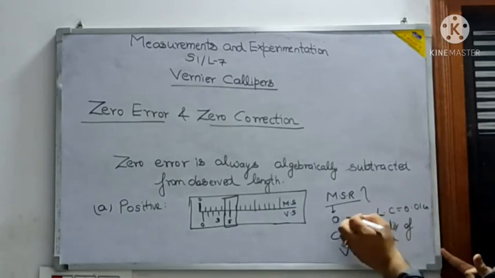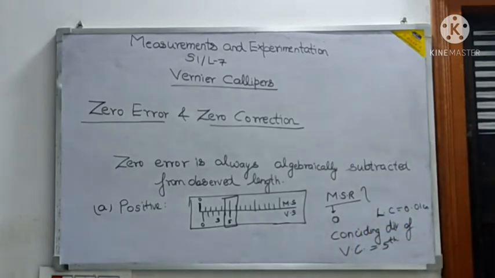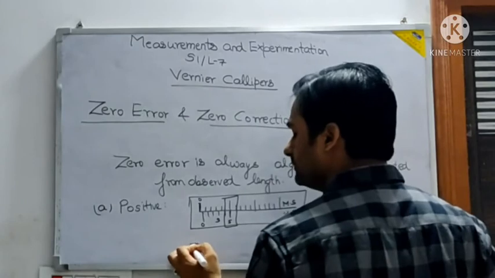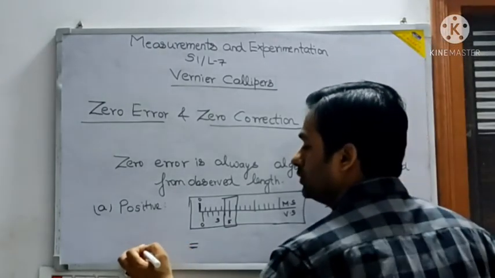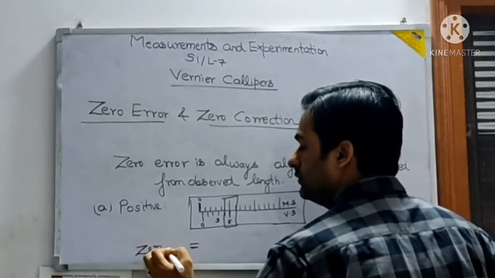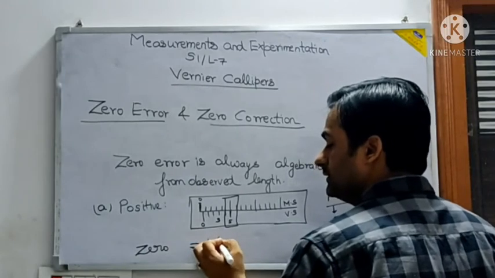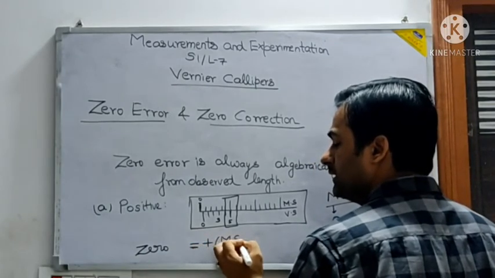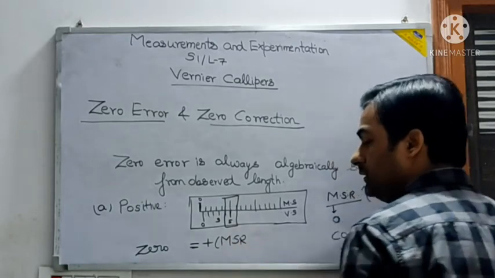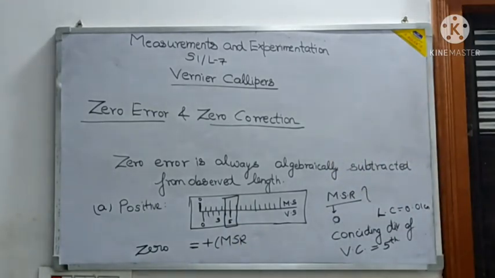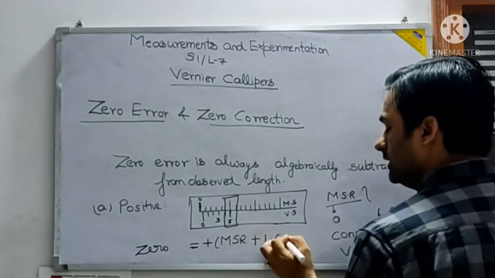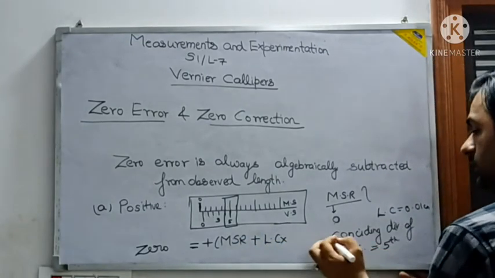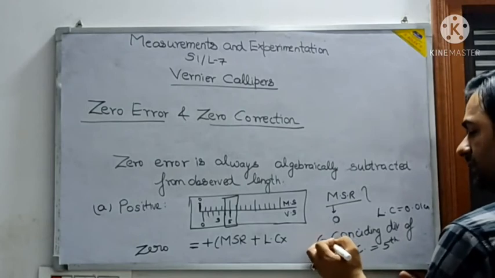And main scale reading is 0 only. So what will be the error here? The value of the error will be plus. So the zero error in this case will be plus main scale reading plus least count into, I am calling this coinciding division as n.